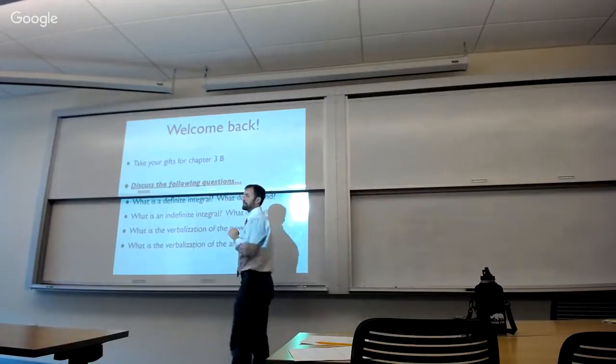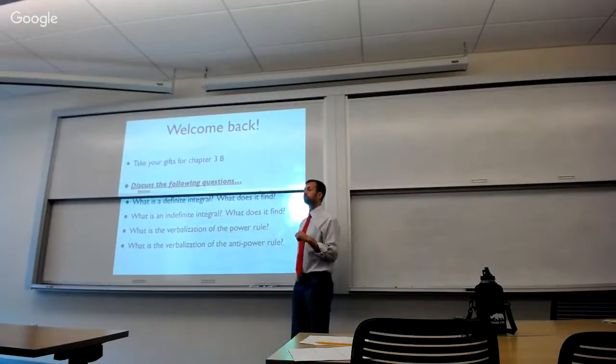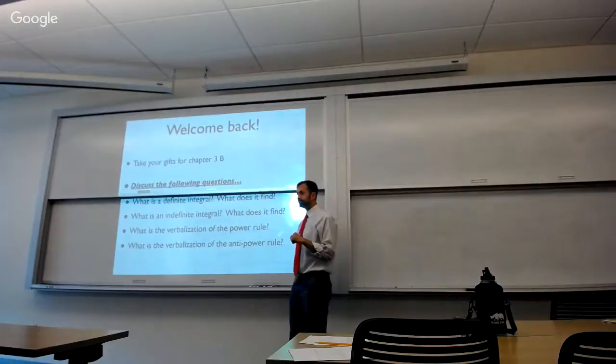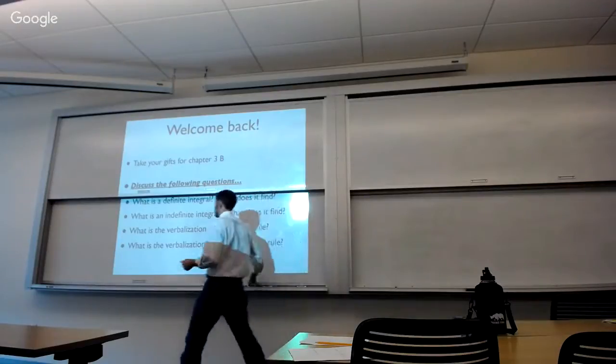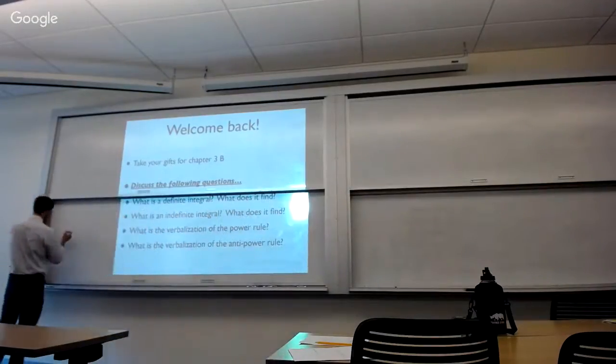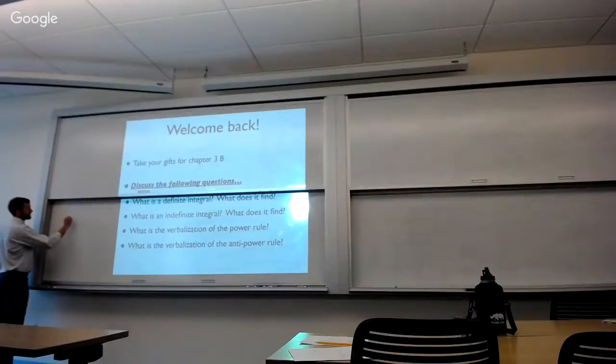Okay, and then what is an indefinite integral? Just the formula? Yeah, it's just the antiderivative formula. Say f of x is the function itself, so that's the y value, f prime represents the slopes, and f double prime represents the concavity.